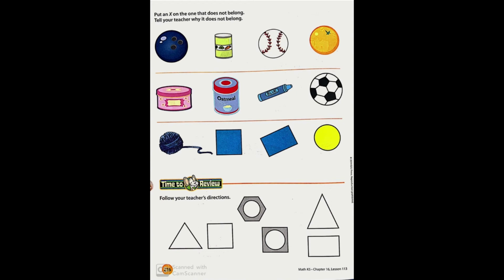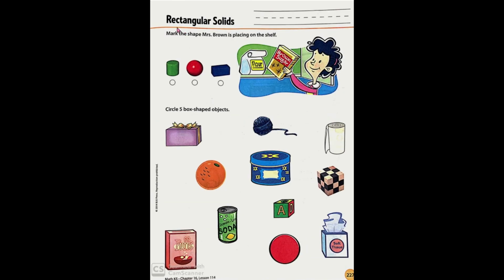You can actually bring it to school and explain to me why you put an X on it, but this page, I think you should do it on your own and get your reasons for me. And if it's a valid reason, that's the correct answer. So there is no correct or wrong answer, as long as you can explain to me why. So I want you to do this page alone.